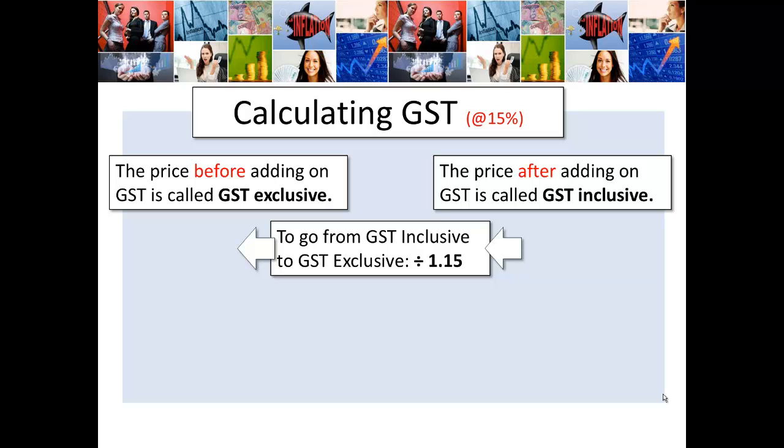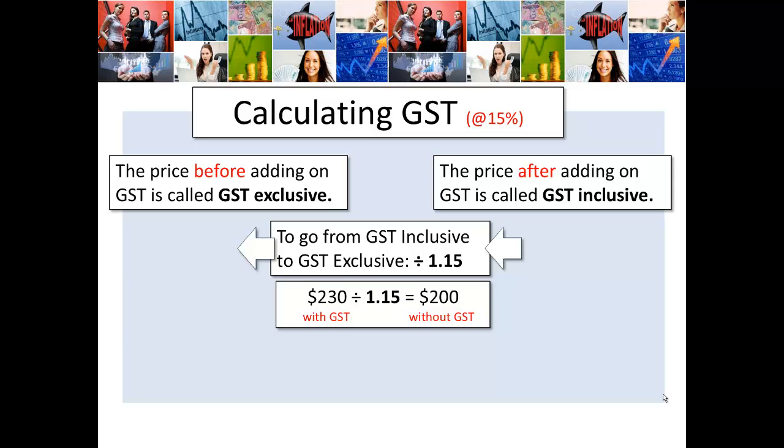Okay, now we're going to go from GST inclusive to GST exclusive. 1.15 is the magical figure, but this time we divide by that amount. So if $230 is the amount with GST, the GST exclusive amount is $230 divided by 1.15.